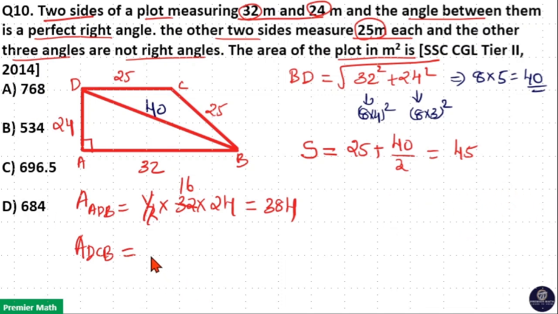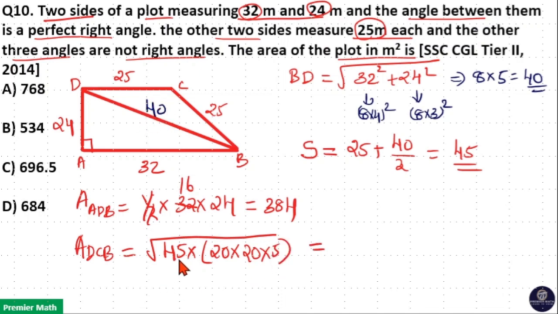Now, area is equal to root of S, which is 45, into S minus 25. That is 45 minus 25, which is 20. Again, S minus 40, that is 45 minus 40, which is 5.